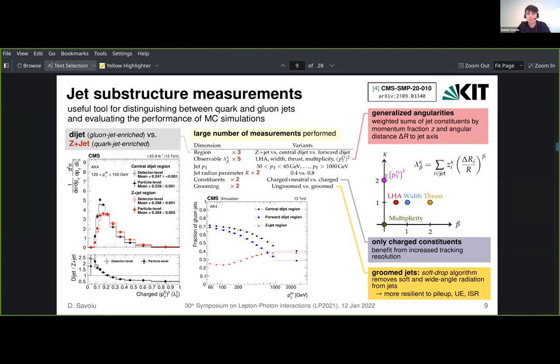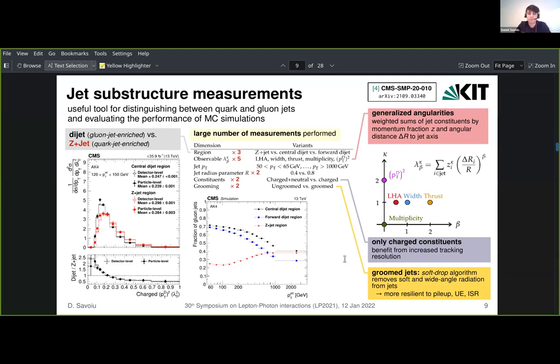And there are a few traditional values for kappa and beta, which are the parameters of these angularities that you can choose. There's the Lesouche angularity, the width, the thrust, and some other variables that are interesting to look at with different properties.